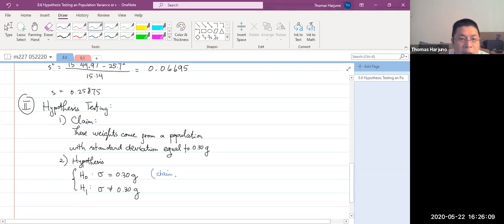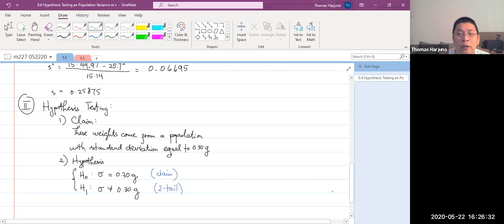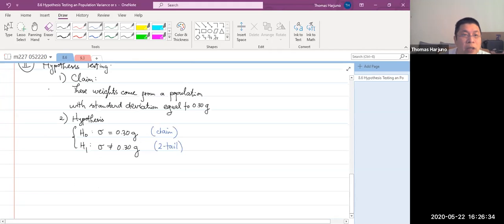How many tails is this test? Left tail, right tail, two tail? It's a two-tail test. Now we go to the test statistic.